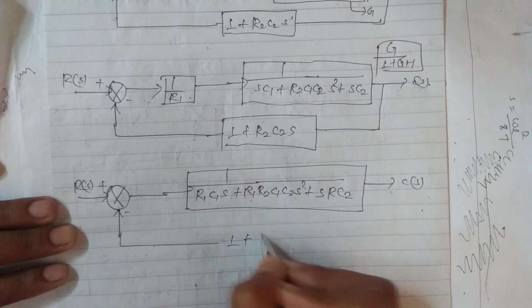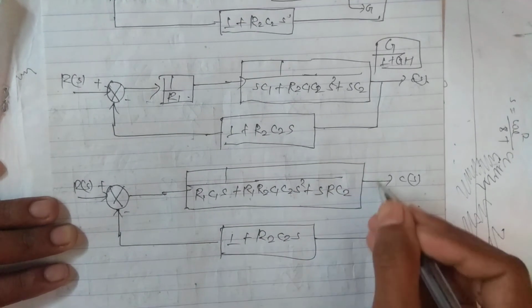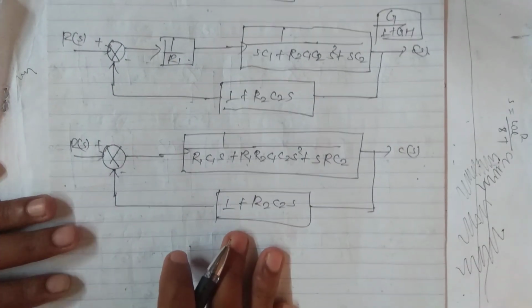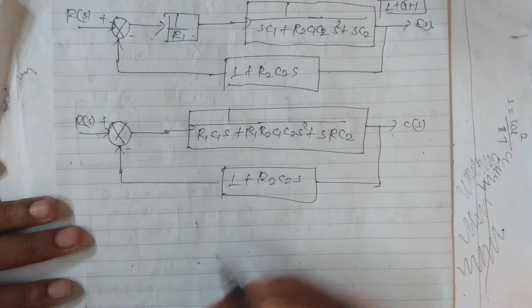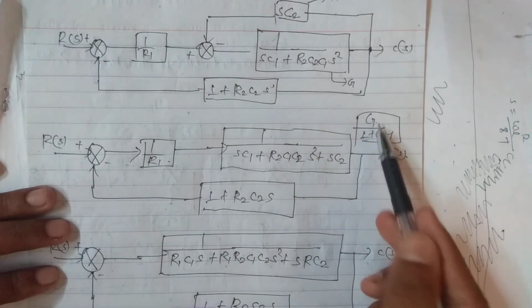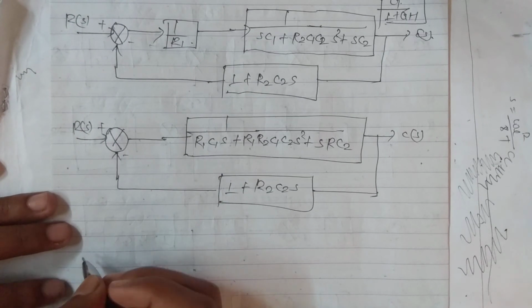And here we have 1 plus R2 C2 and S. And again we have negative feedback, so we can simply apply the negative feedback formula G upon 1 plus G into H. So finally we will get the overall transfer function.